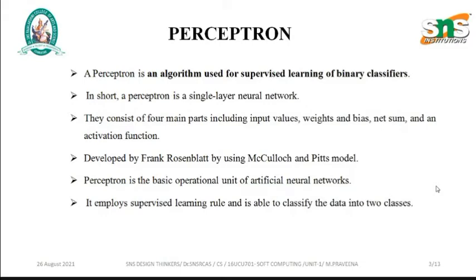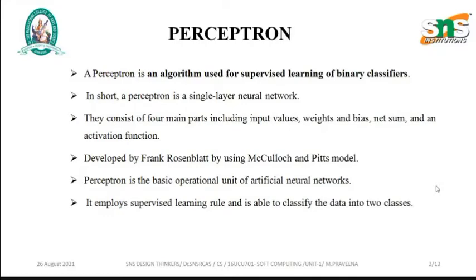The only thing is we need to develop a model which will bring the needed output. That is called supervised learning, done under supervision. In perceptron we get only two outcomes, either 0 or 1, so it is mainly used for binary classifiers.